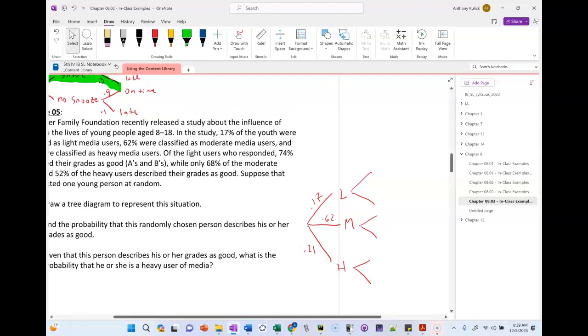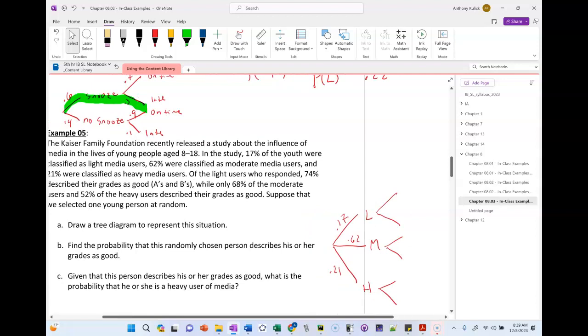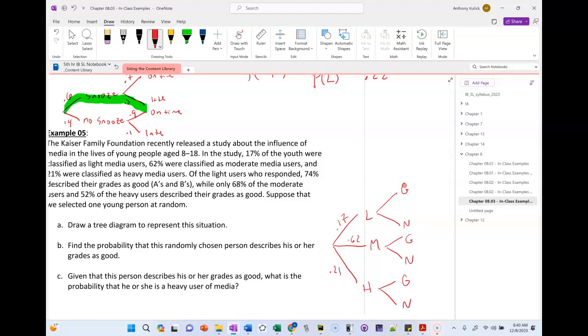And then what's the other thing that happens? Like good grades, or not good? So 0.74 for the light.